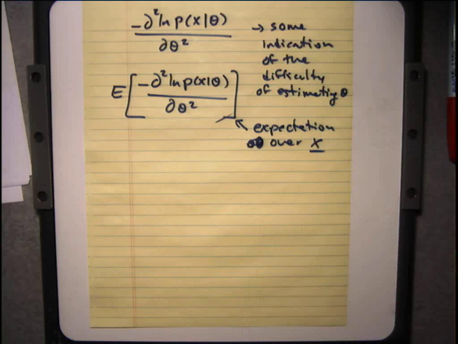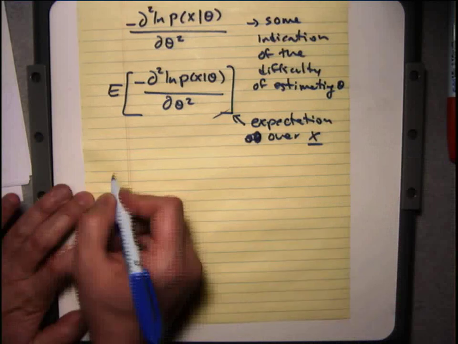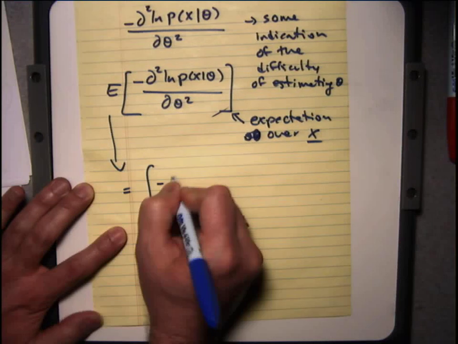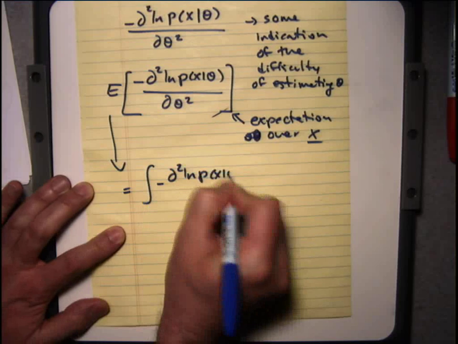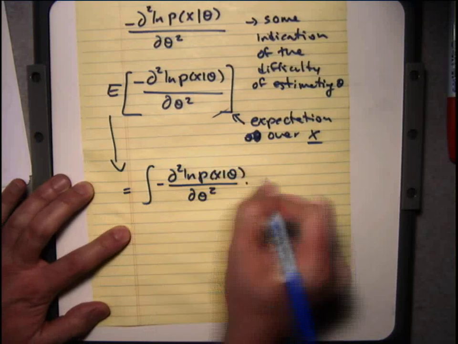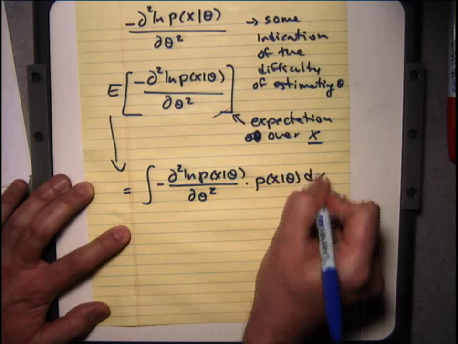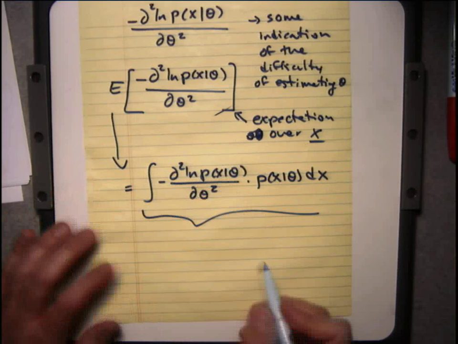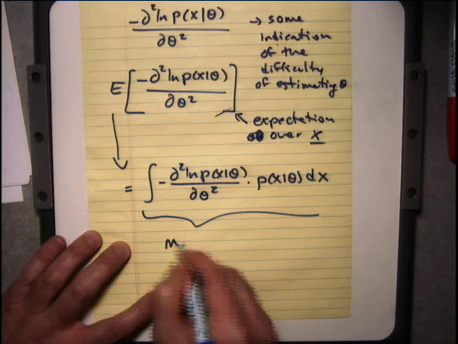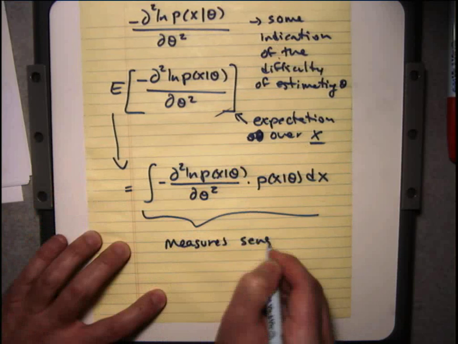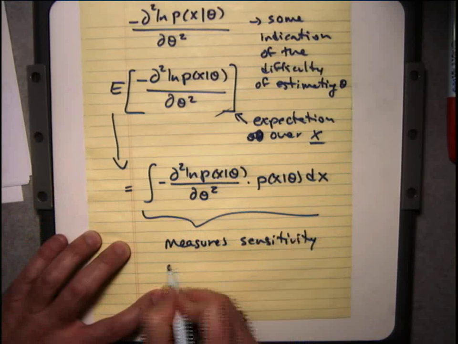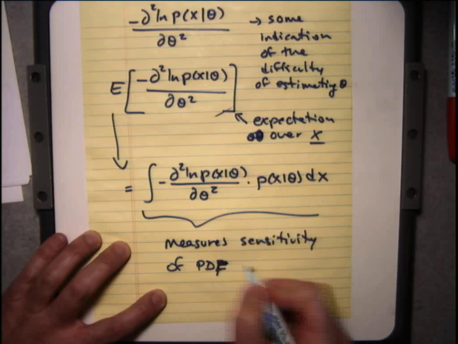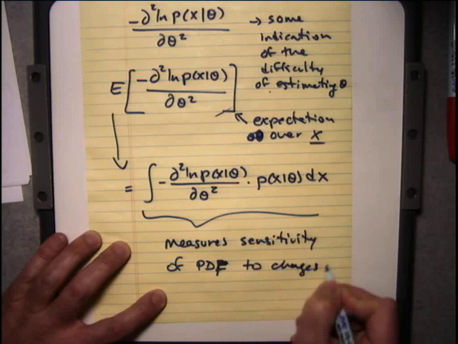Okay? So writing this a different way, this is equal to the integral of minus the second derivative of log p(x given theta) with respect to theta squared, times the PDF of x given theta, dx. Okay? This quantity measures the sensitivity of this joint PDF of the data to changes in theta.